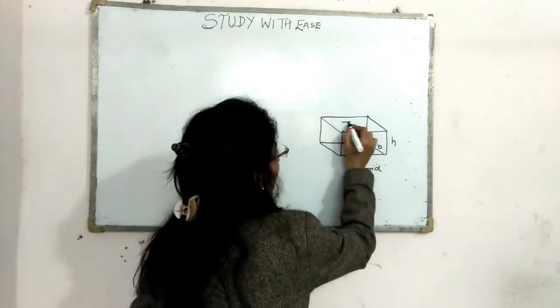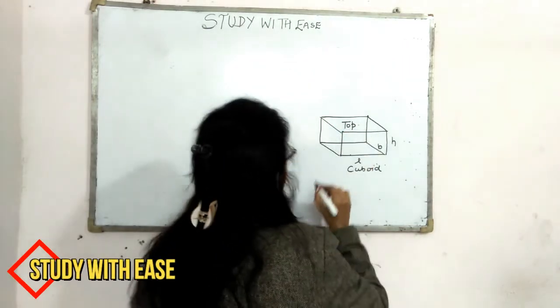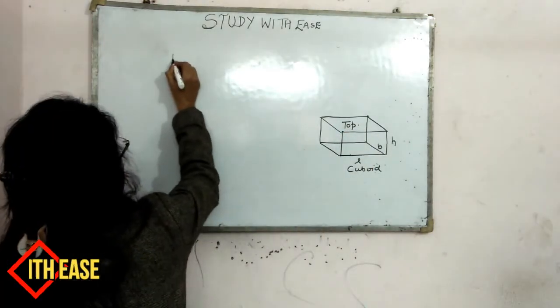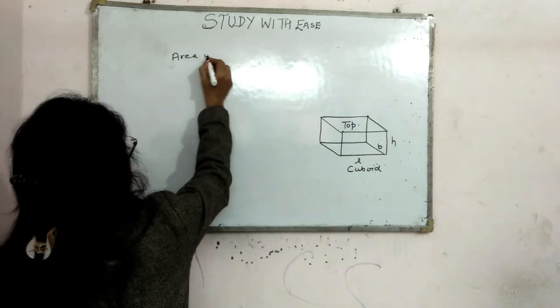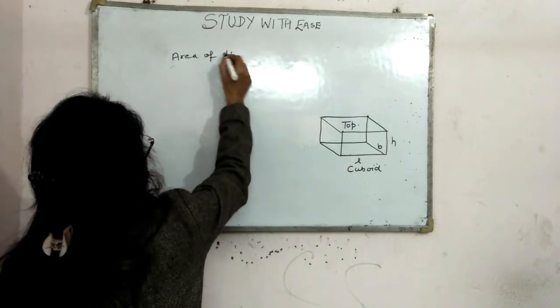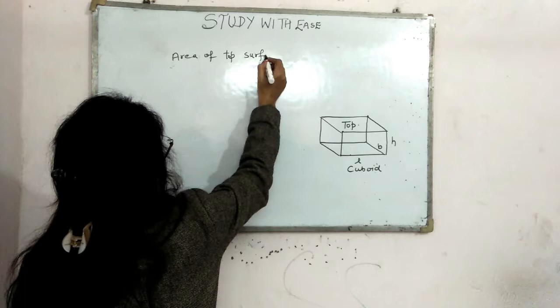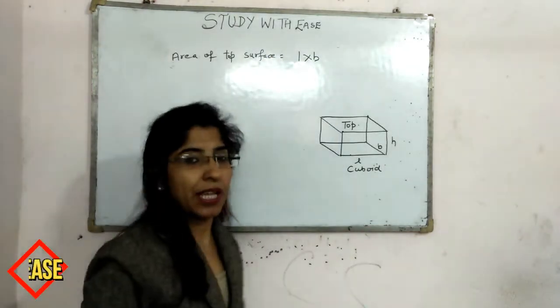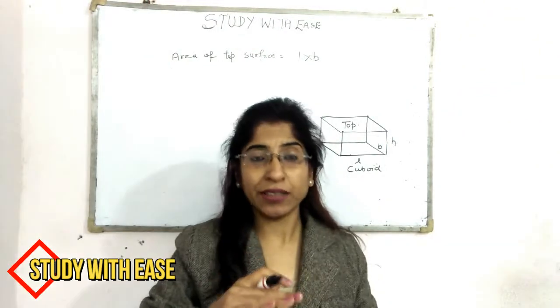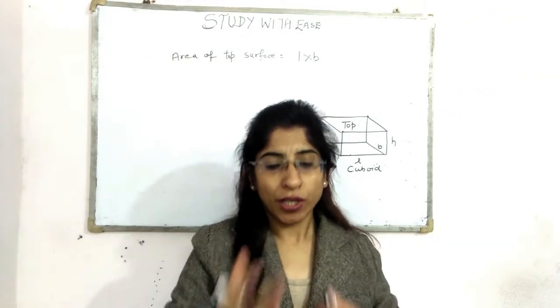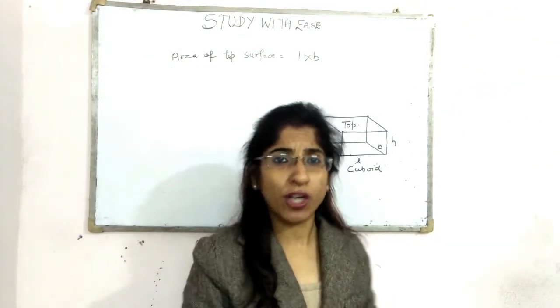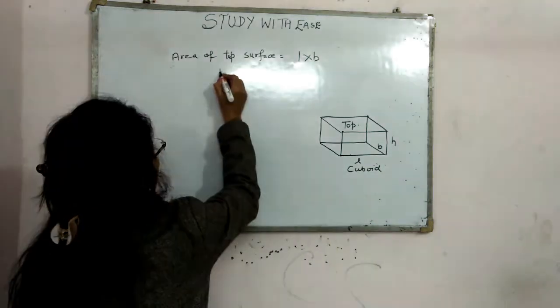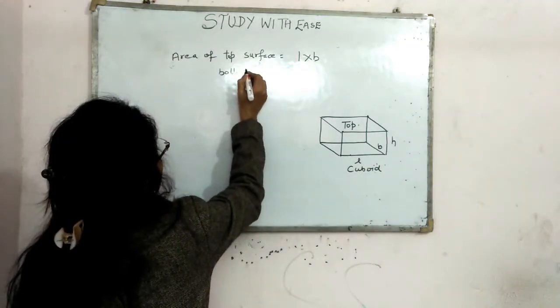Suppose I want to find the area of top surface. Area of top surface will be L into B. Now we will find the area of bottom surface. It will also remain the same.